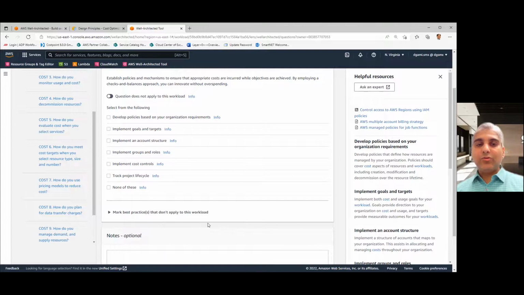And then once the project is over, knowing that that project is over will help the team, whoever is overseeing all of this and governing it, to go back and confirm that all the resources that should have been decommissioned have been decommissioned. We're not actually paying money for something, for a project which is no longer active, right?